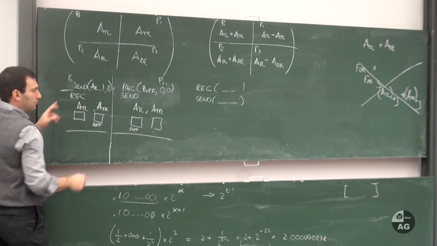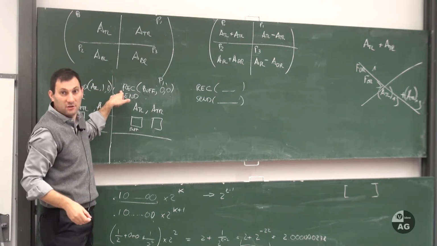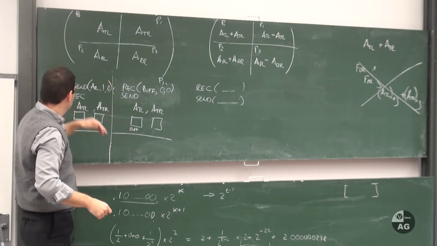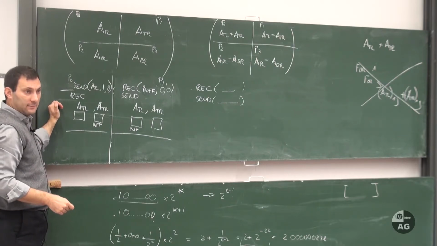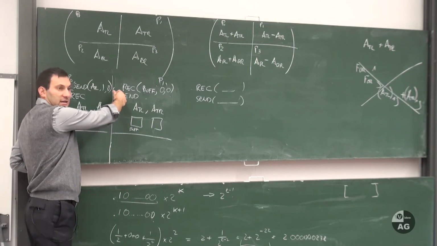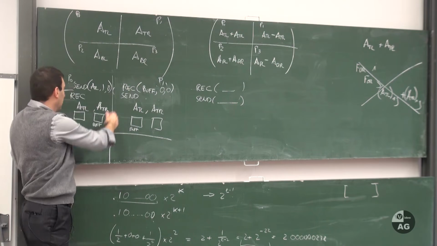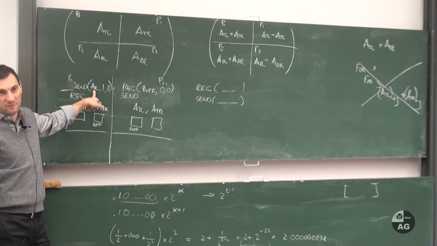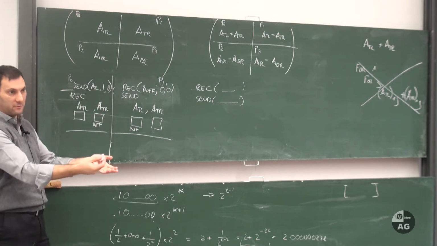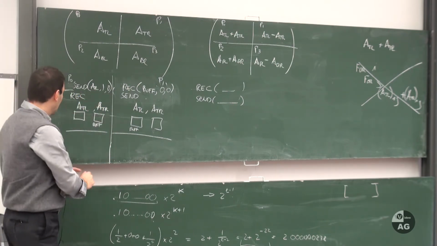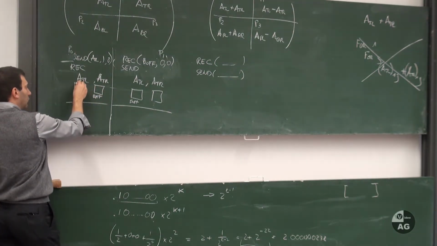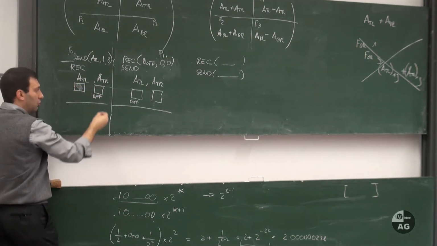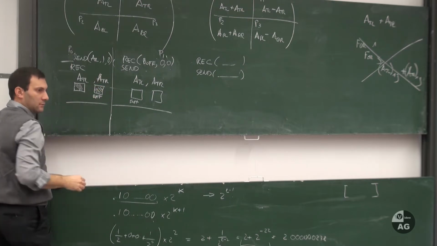My send completes only when there is a corresponding receive. So if I get out of the send, I know that P1 has received the data, which means I don't need A top left anymore. I can overwrite it. Okay? So it doesn't matter if your result overwrites A top left or the buffer. No difference.